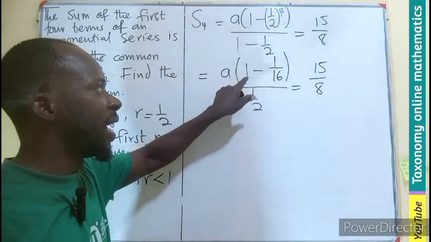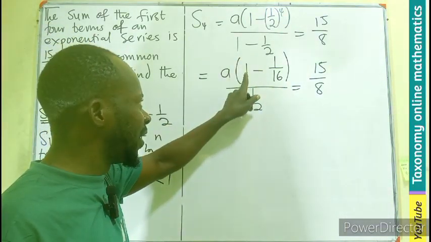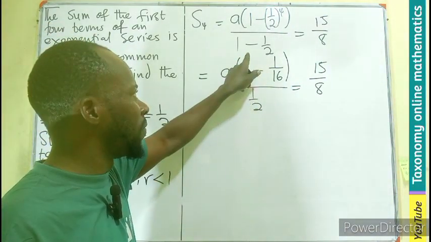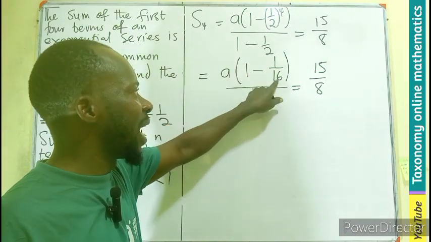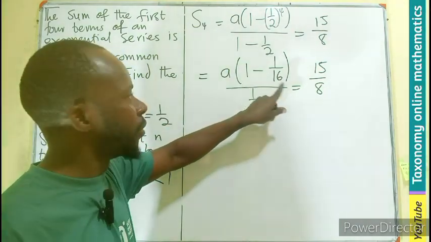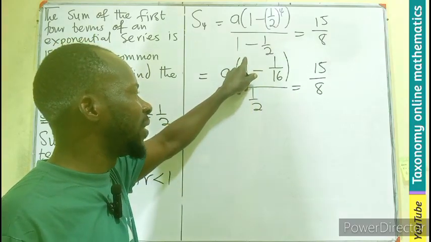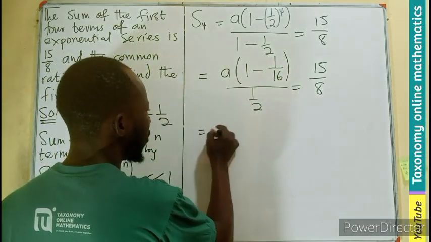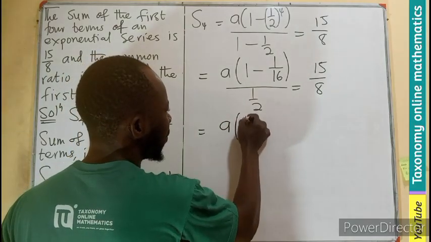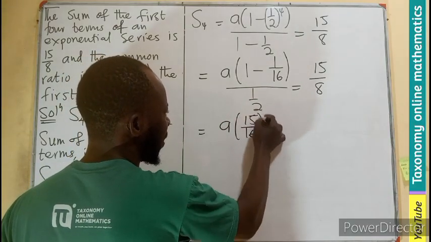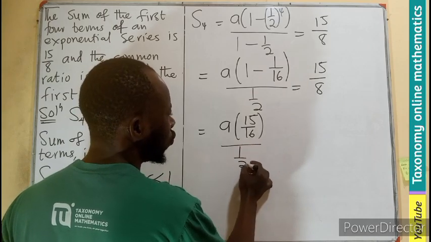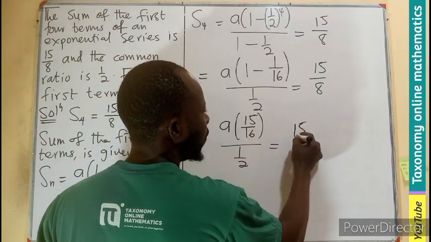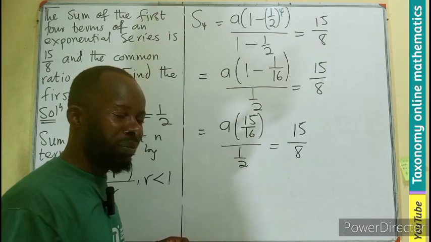The 1 here is the same as 16 over 16. They have the same denominator, so we only subtract the numerators. 16 minus 1 gives us 15. So I have a times 15 over 16, divided by 1 on 2, equals 15 over 8.